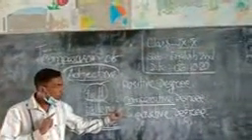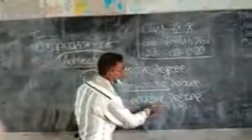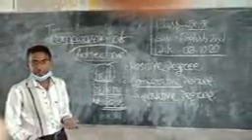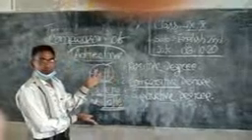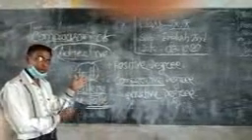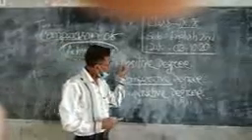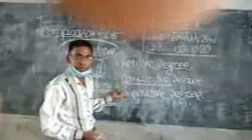And when the quality of something is compared with all of the same quality things, that is called superlative degree. So there are three types of degree: positive, comparative, and superlative.